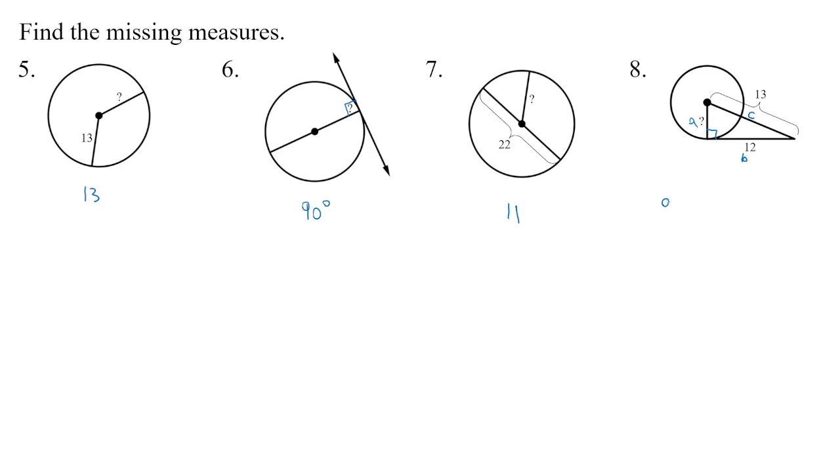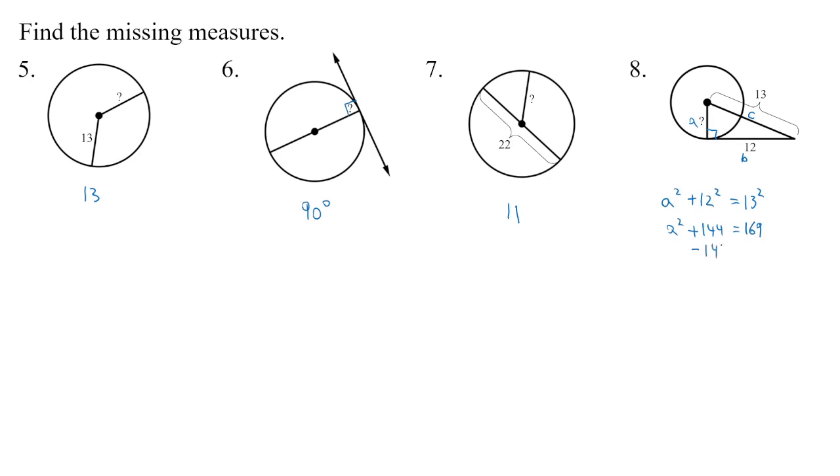Therefore, a squared plus 12 squared equals 13 squared. So now 12 squared is 144 and 13 squared is 169.